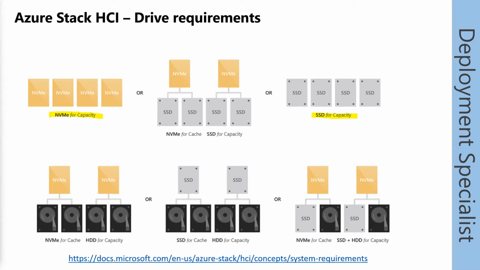In the scenario where we use NVMEs and SSDs in combination, the NVMEs will be selected as cache drives and the SSDs will be selected as capacity drives. It's also possible to combine NVMEs and hard disks, and it's possible to combine SSDs and hard disk drives.